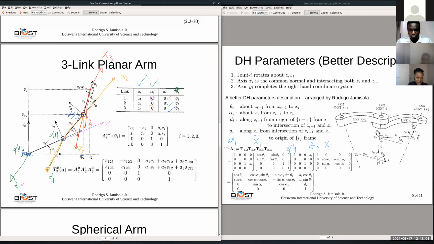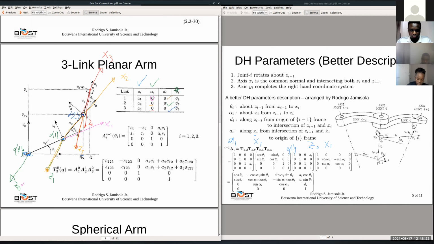And the intersection with Z0, yes, and X1. Where is that? Where's the intersection? It's at the origin. Okay, very good.